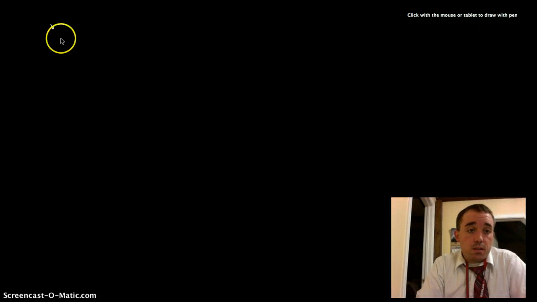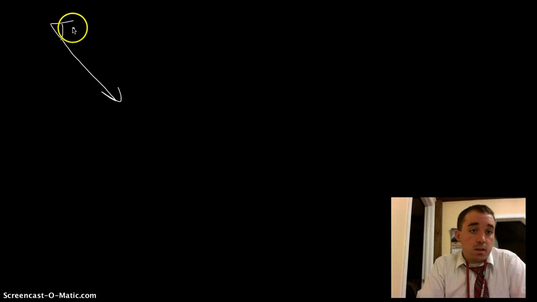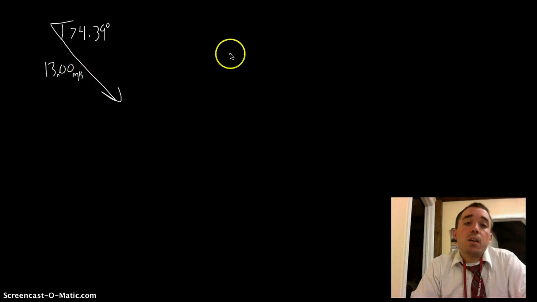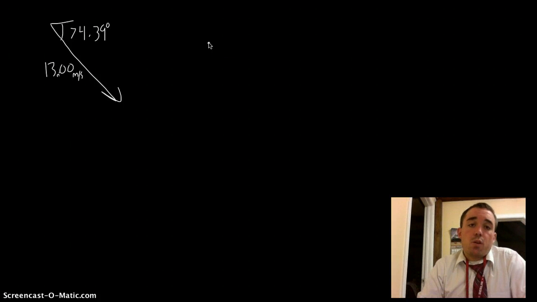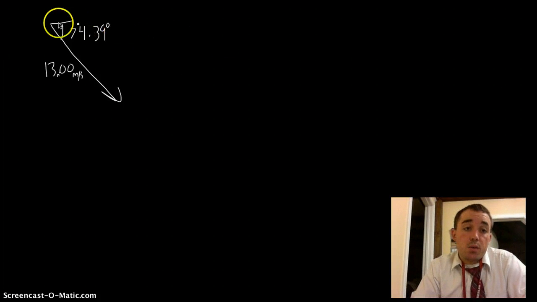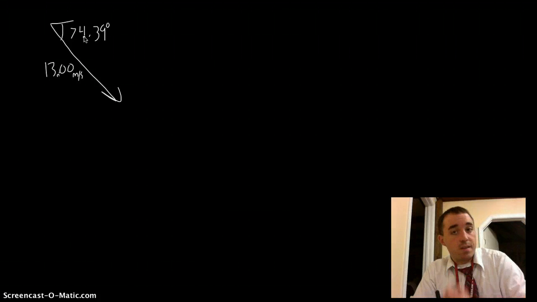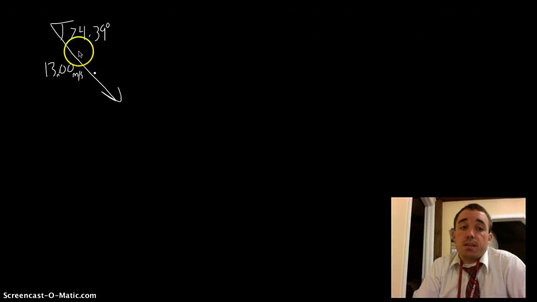We're given the fact that the banana hits the water with a velocity of 13.00 meters per second at 74.39 degrees. Alright, so a couple ways we can go about this. You can use sine and cosine to break it apart, and really that's the easiest and fastest way to do this.